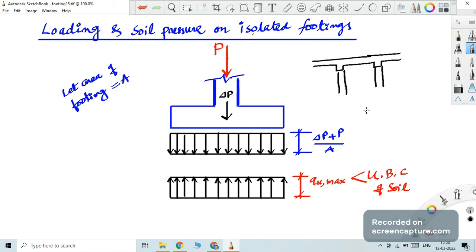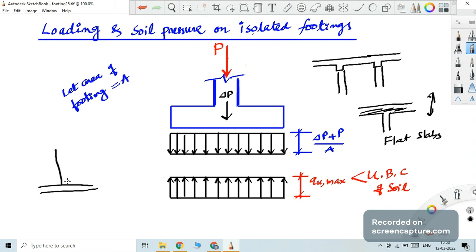But this one is just another case. This is the slab, this is the column. No beam here. This is a directly supported slab. This type of slab is called a flat slab, and our footing is just the reverse of this, upside down, because you have a bottom slab and then a column support.